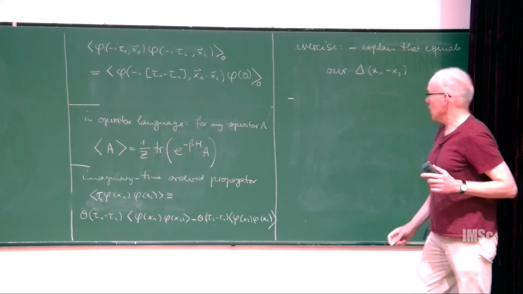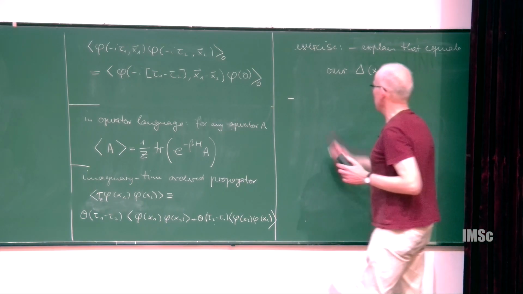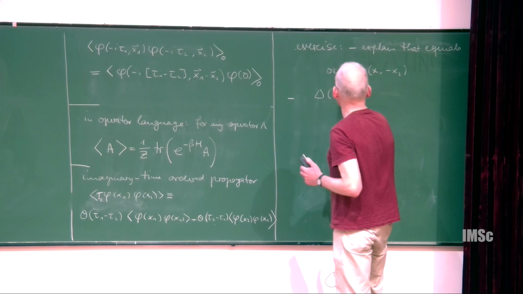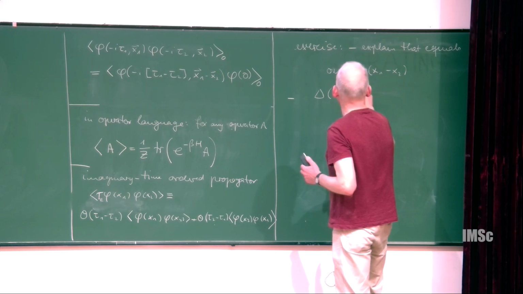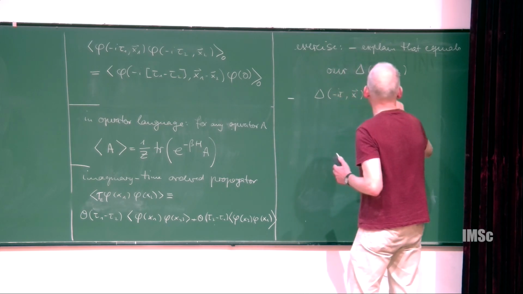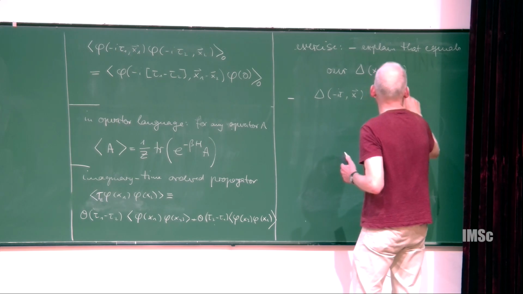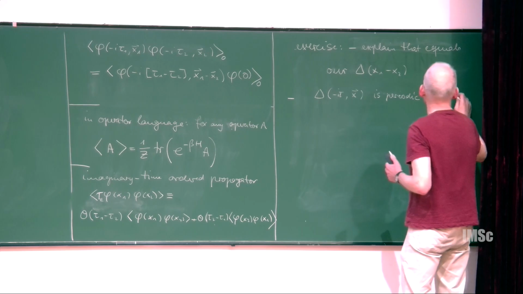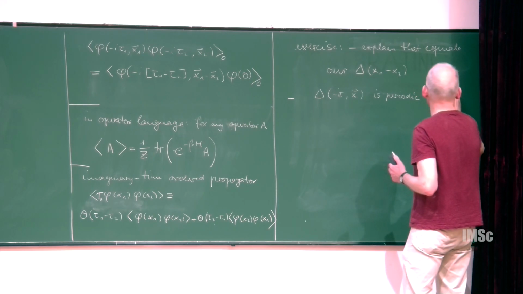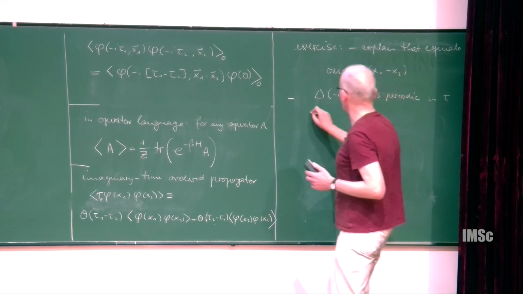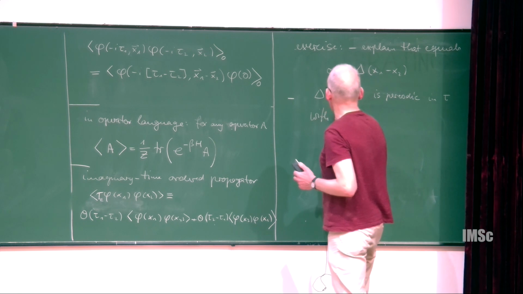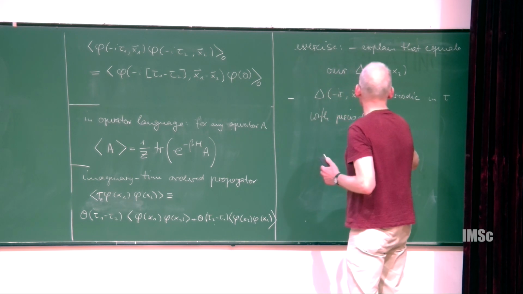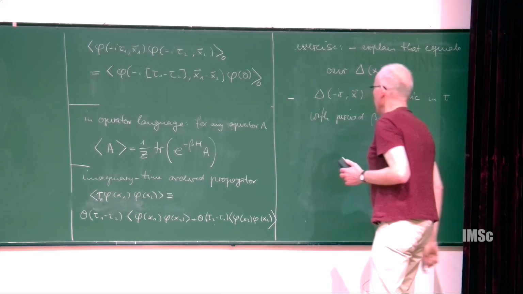And what you should also see is that delta of minus i tau, x is periodic in tau with period beta.